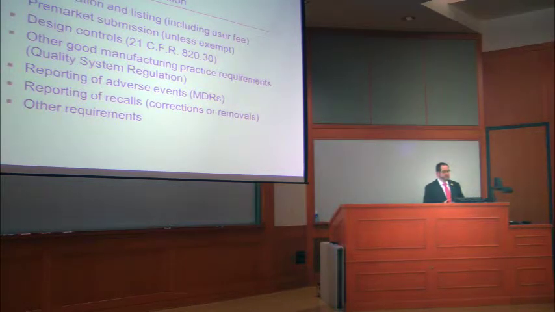Pre-market submissions, unless they're exempt, and generally those are 2 types of 510K or a PMA. I won't get into what that actually means, but there are pre-market submissions. They have different levels of how much detail you can provide. Design controls, I think I mentioned this briefly in the prelude to starting in on this.